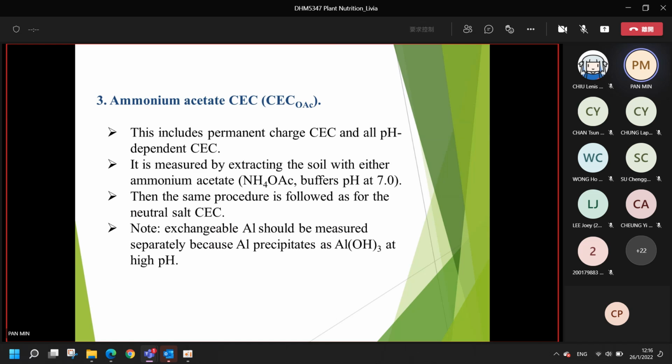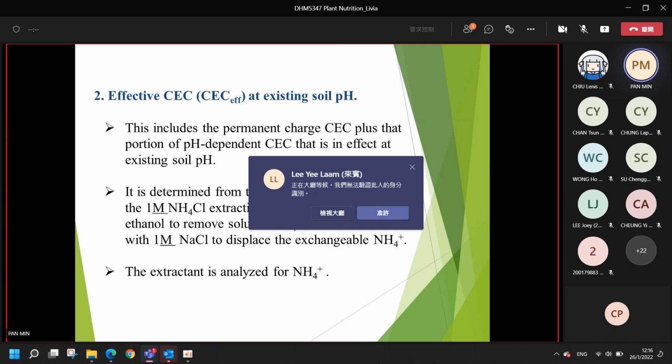And there is still the ammonium acetate CEC determination. This includes the permanent charge CEC and all the pH dependencies. In the second method, it is just a portion of the pH dependencies.